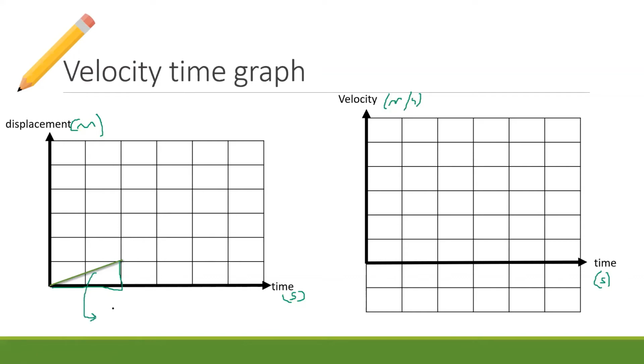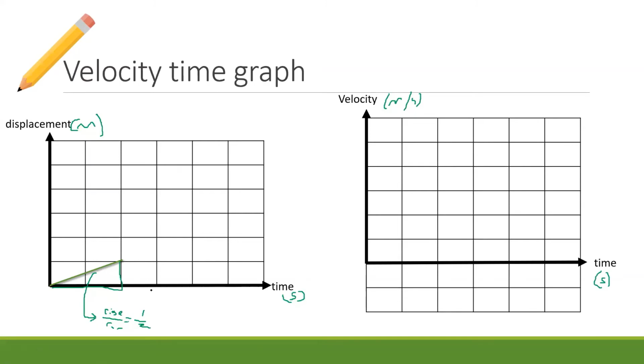Here I've got a rise of 1 and a run of 2. So that means the gradient of this line is a half. Or for the first 2 seconds, it's traveling at 0.5 meters per second.